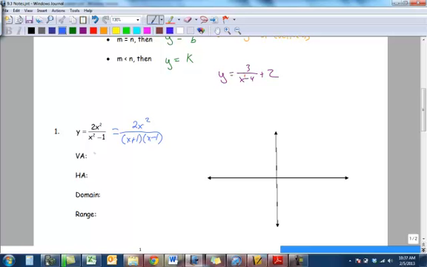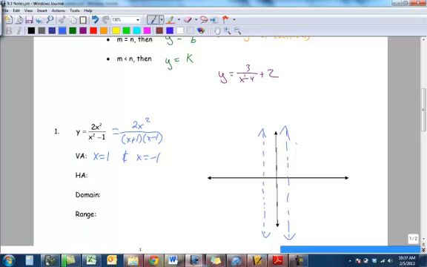So this is going to be x is equal to 1 and x is equal to negative 1. Those are our 2 vertical asymptotes. Two vertical asymptotes like that.